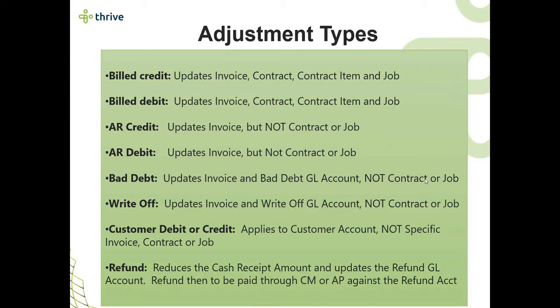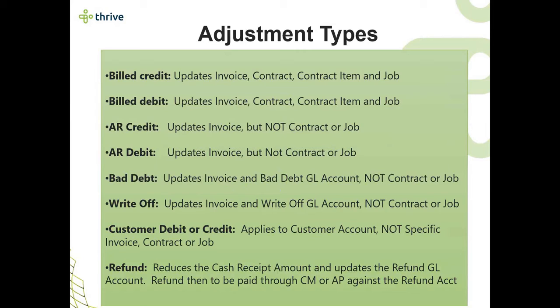It won't update the contract values or the amounts invoiced against the contract or the job. It'll still be recorded as revenue that you've invoiced and received in for the job and the contract. And then the other side of the transaction, once you do put through a bad debt or write-off, it'll go through as an expense into your bad debt or write-off. So that's just how those two items are handled.